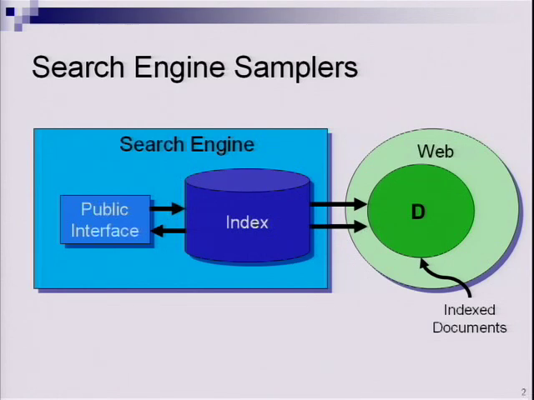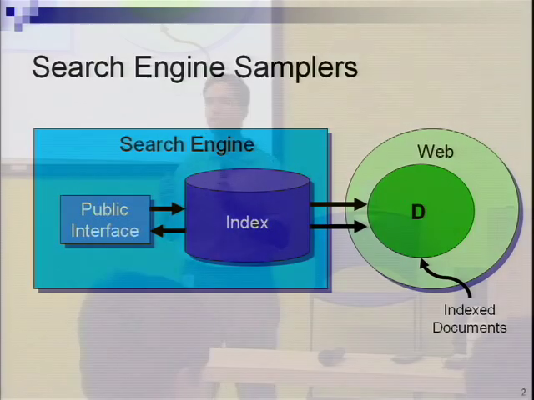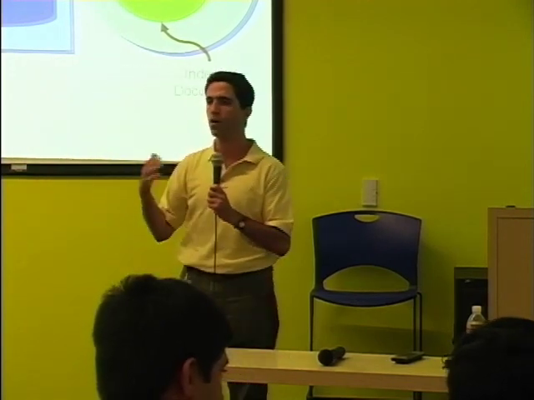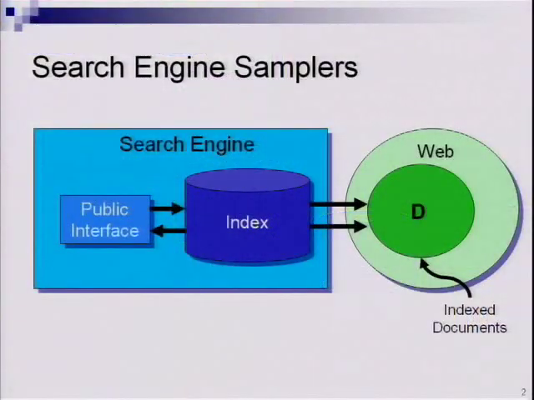And we denote throughout this talk the set or the corpus of documents that are pointed by the index by D. We call it the corpus of the search engine or the corpus of index documents, or sometimes we just simply call it the index, although we just mean the corpus of the documents.